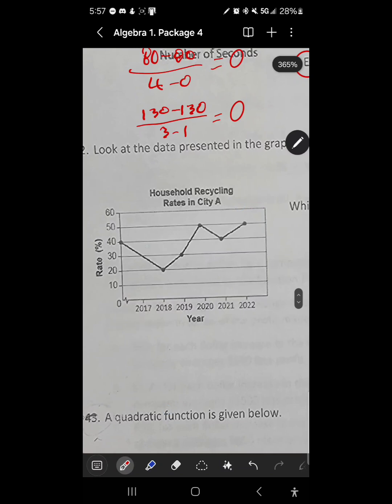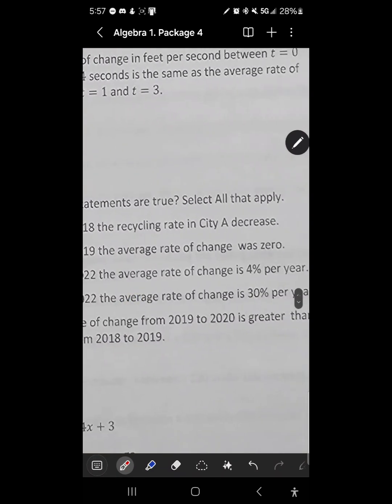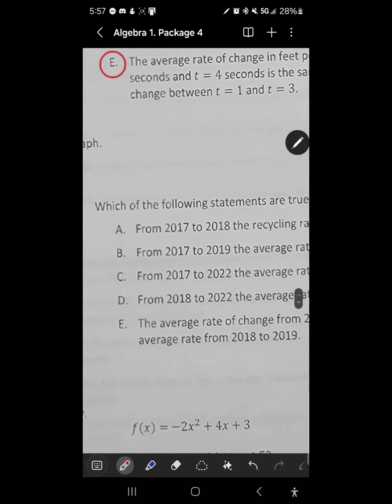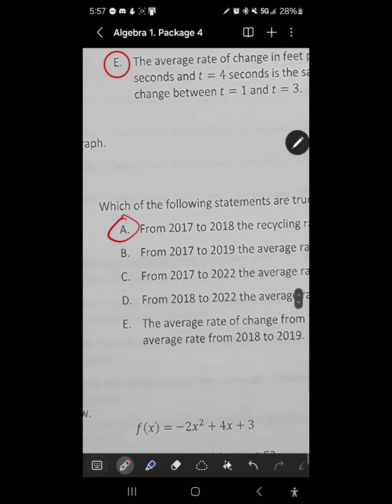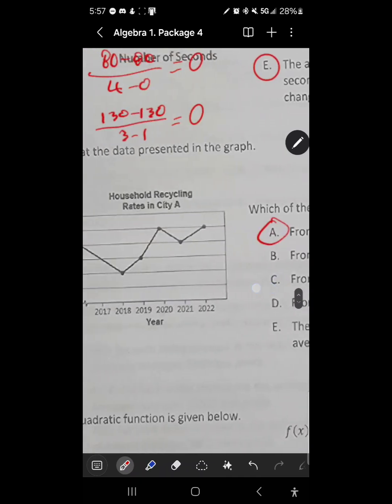So from 17 to 18, yes, it decreased. Why? Because it went down. When it is going down, it is decreasing. When it's going up, it is increasing. So it's going down, so it is decreasing. Yes, it is true.